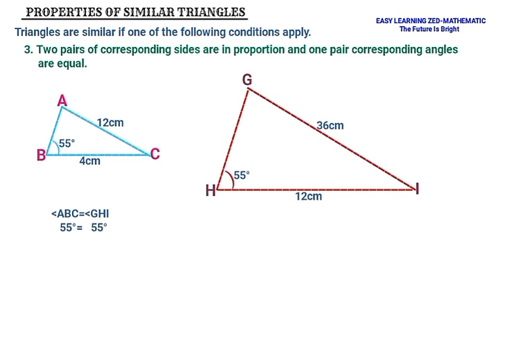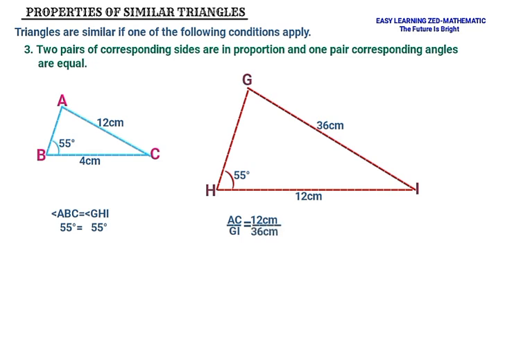Now when we come to sides, let's look at side AC and GI. AC is proportional to GI, and the length of AC is 12 centimeter and the length of GI is 36 centimeter.